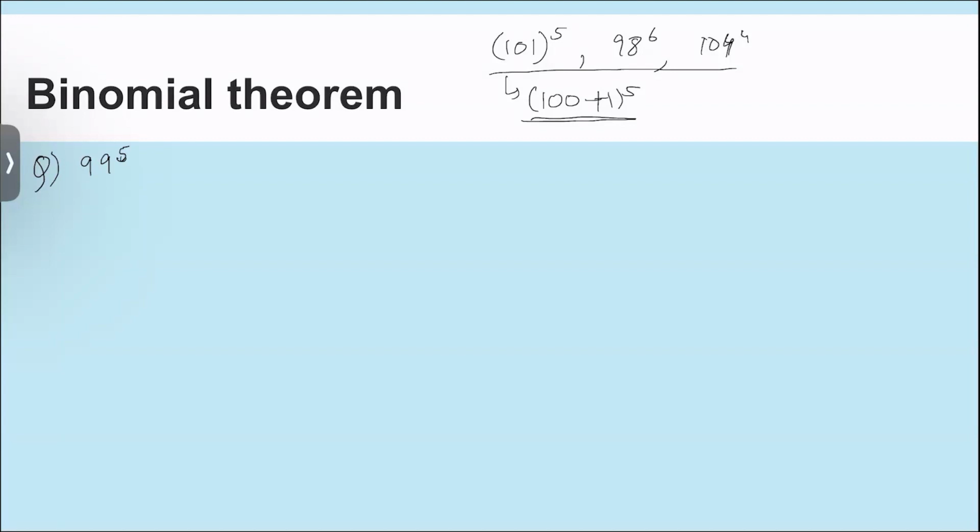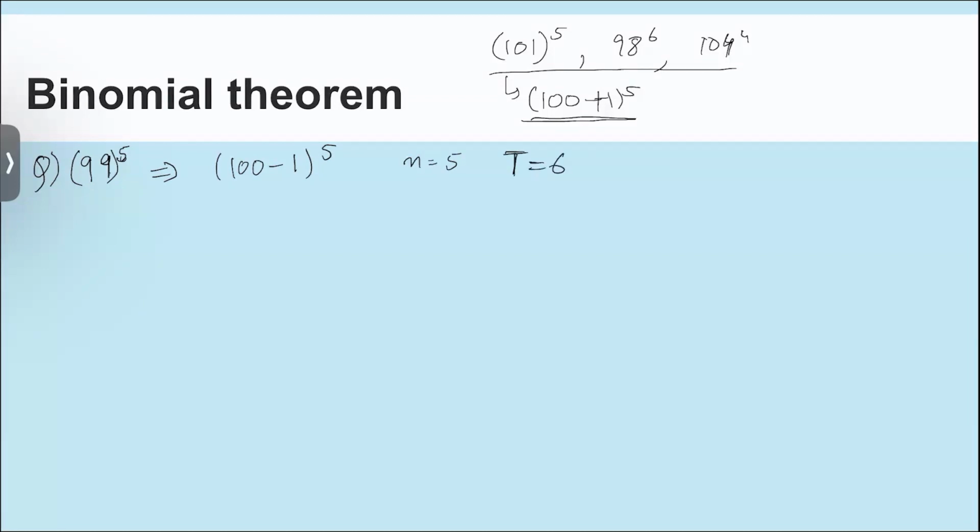So suppose you are asked to evaluate this. You can write this as 100 minus 1 raised to 5. So over here, our n is equal to 5, so the index over here is 5. And the number of terms, let's say t, will be 6.